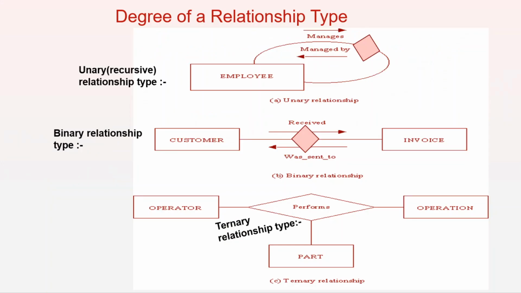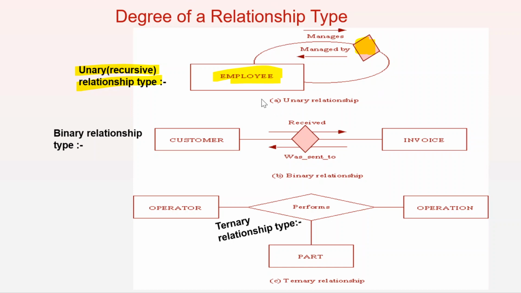So for example, the first is the unary relationship. Here the employee entity is linked with the employee entity for the manages relationship. So this relationship must be named as manages. Here the employee manages another employee.